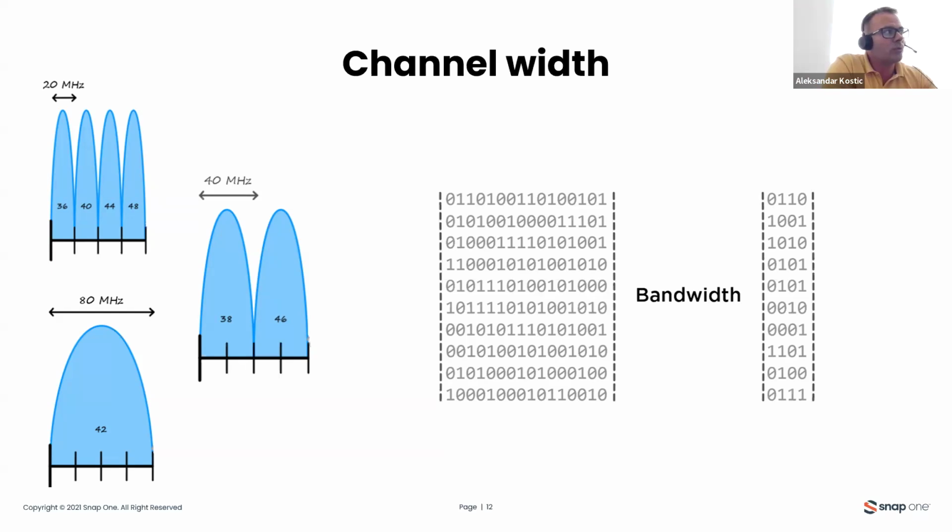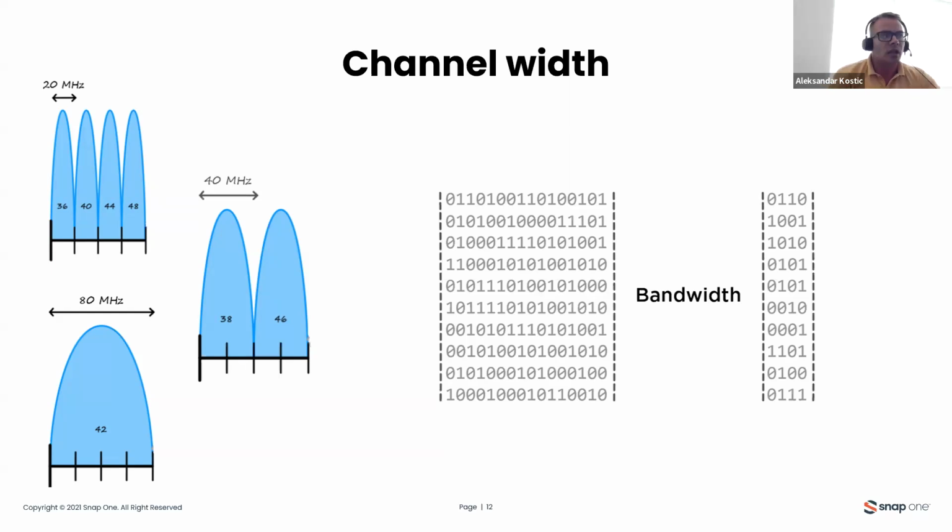So if we go from 20 megahertz to 40 megahertz, our number of non-overlapping channels is cut by half. If we use even 80 megahertz, we have only a quarter of the non-overlapping channels that we had with 20 megahertz.